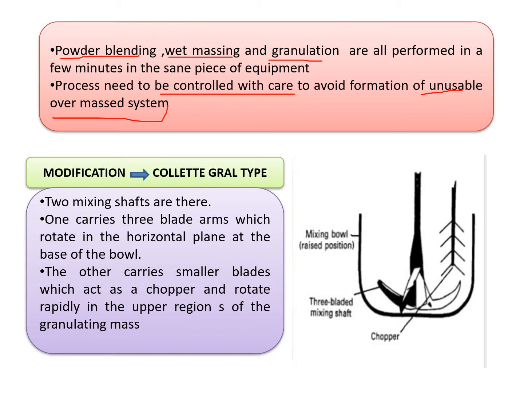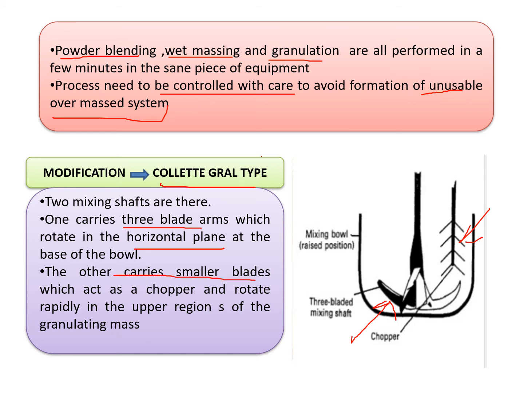There is some modification in this high-speed mixer or granulator that is called the Collette-Gral type. You can see the picture. In this type of modification, the impeller as well as the chopper both rotate in the horizontal plane. There is a 3-blade arm which rotates in the horizontal plane.